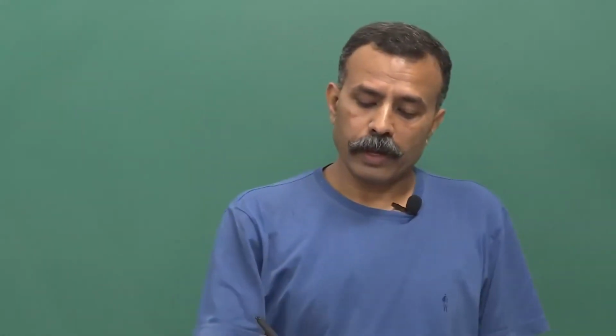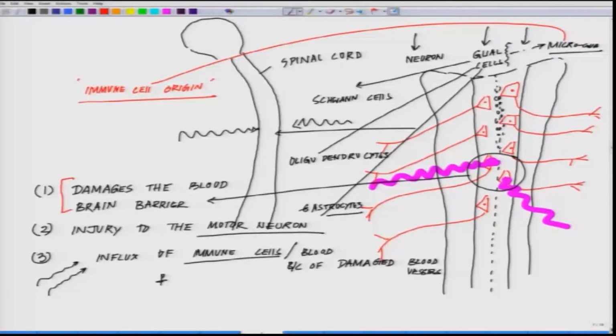But if there is a damage here, there is an injury here, there is an influx of blood immune cells which includes WBCs and macrophages.